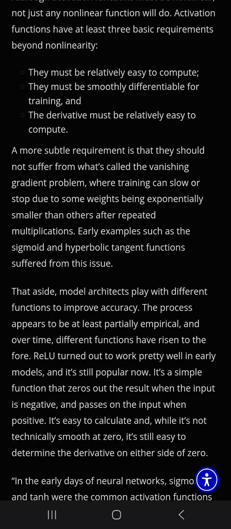A more subtle requirement is that they should not suffer from what's called the vanishing gradient problem, where training can slow or stop due to some weights becoming exponentially smaller after repeated multiplication. Only examples such as the sigmoid and hyperbolic tangent functions suffer from this issue.